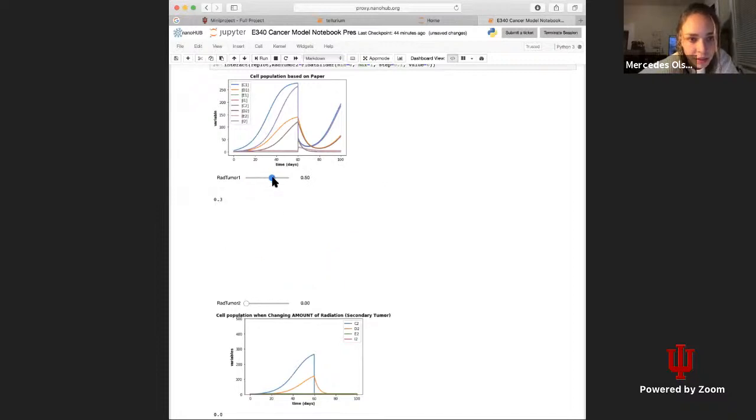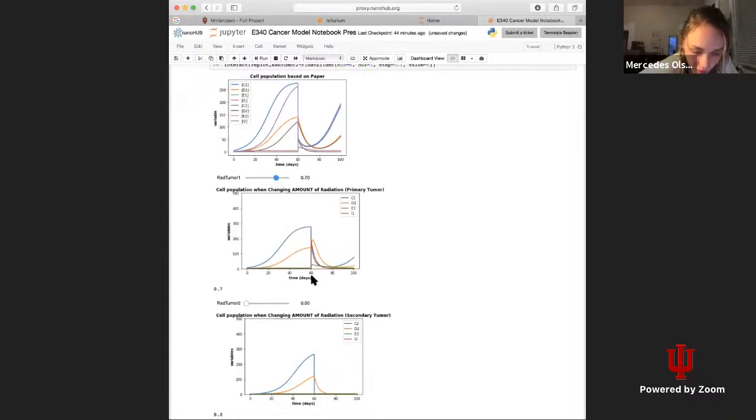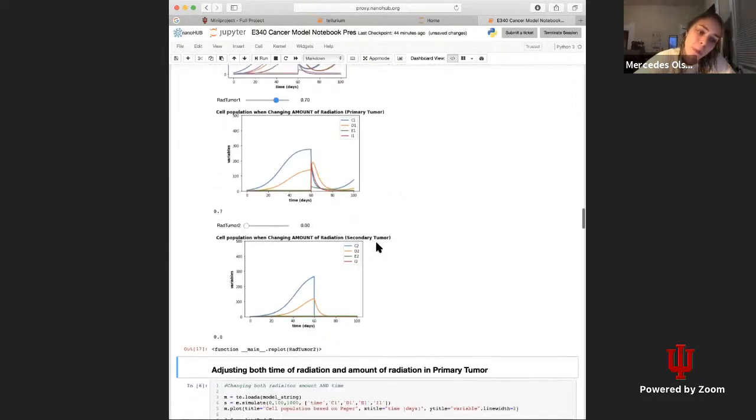And then as you increase the radiation, you see that spike in the cell death due to the immunogenic effect. It just spikes up as you increase it with more radiation, which makes sense. The more radiation you hit, the more cell death you should see. And there's a little bit longer of a lag in bringing the cells back, just because there's more hit with it.